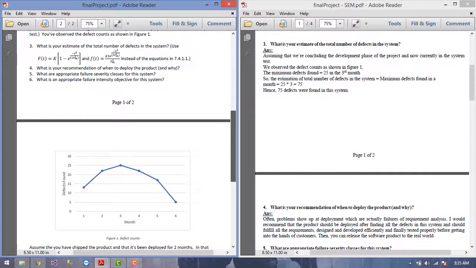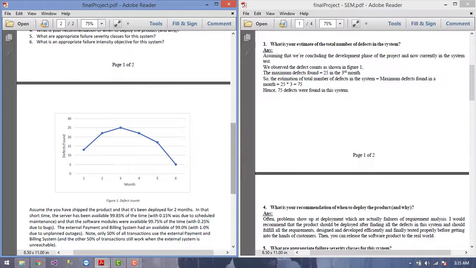I observed that in this figure, defect counts, the x-axis is the months, and the y-axis is the defects found. The maximum defects found in this case is in the third month, which is 25 defects.